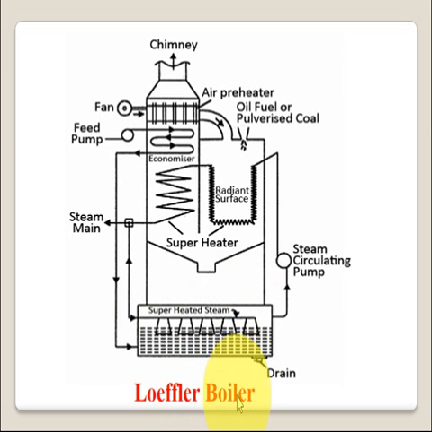So in a Loeffler boiler, steam is generated from the superheated steam, and around two-thirds of steam is again supplied to heat the water to generate steam, and by supplying this superheated steam, the saturated or wet steam is produced, and that steam is supplied to the radiant heater and superheater by this steam circulating pump.